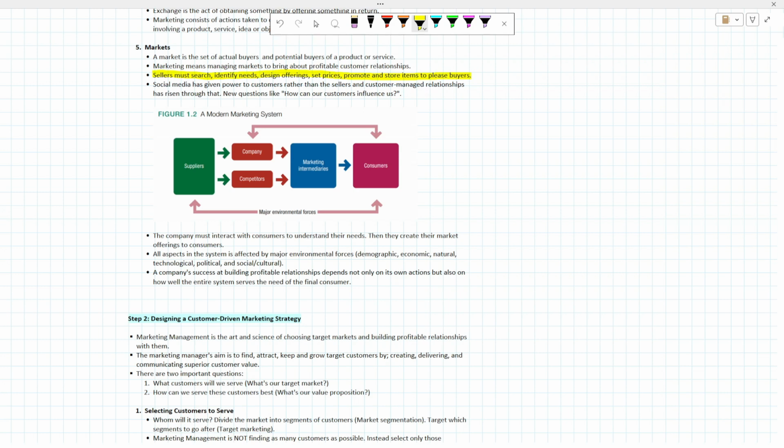All aspects in the system are affected by major environmental forces: demographic, economic, natural, technological, political, and social slash cultural. So let me highlight that because that is a valuable point. A company's success at building profitable relationships depends not only on its own actions, but also on how well the entire system serves the need of the final consumer.